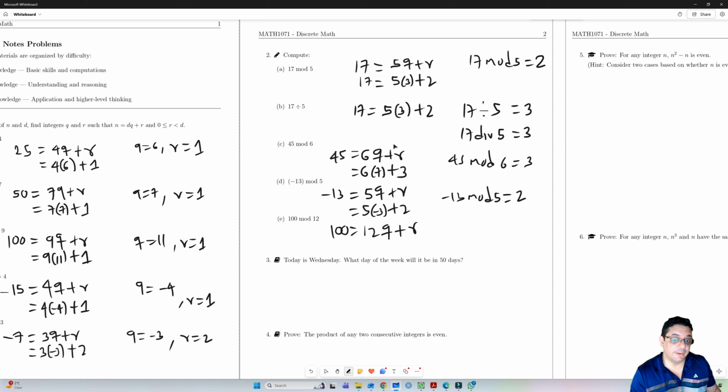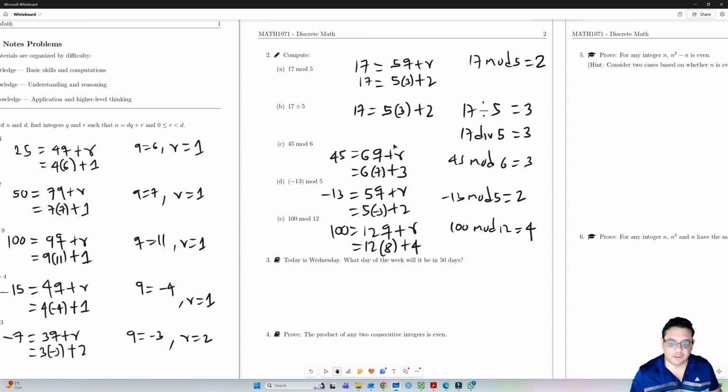So 8 times 12 is 96. If we try 12 times 8, we get to 96, so r is going to be 4. Notice that this r is still a number that is less than 12, so we're good. And so 100 mod 12 is equal to 4.